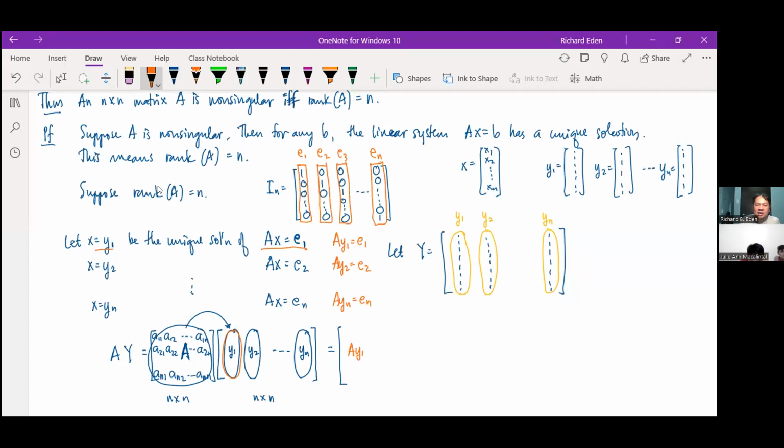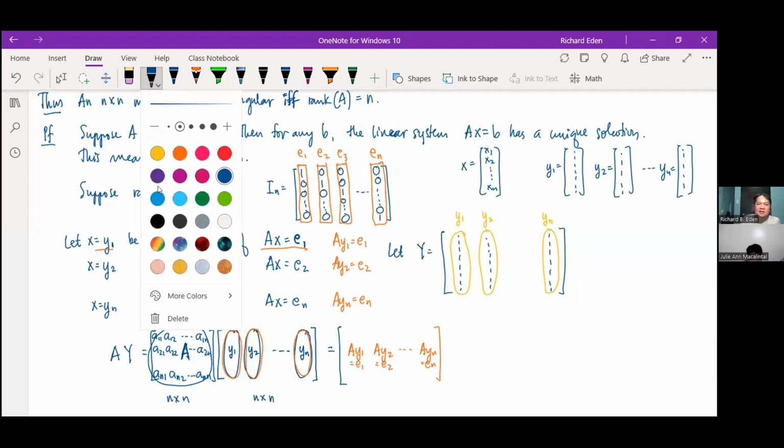Tapos matrix A multiplied to y2, that will be A y2 until A multiplied to the column y sub n. Okay. Pero nung A y1, that's E1. A y2, E2. A yn, E sub n.